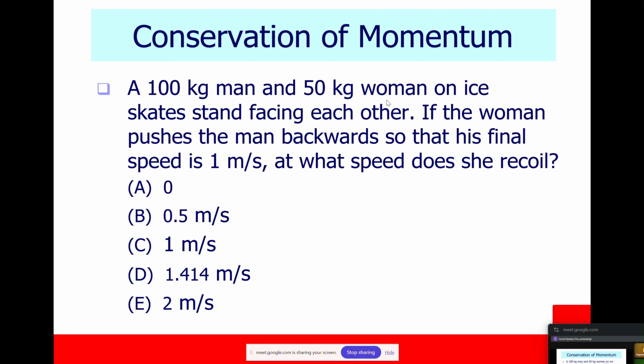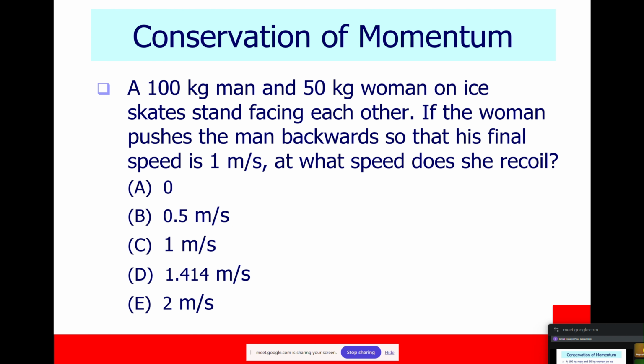So under conservation of linear momentum, we have a 100 kilogram man and a 50 kilogram woman on ice skates standing facing each other. If the woman pushes the man backwards so that his final speed is 1, at what speed does she recoil? That thing that I was trying to mention, whether the archer and the bow and the arrow, or firing a gun and the person holding the gun, we call it recoil.